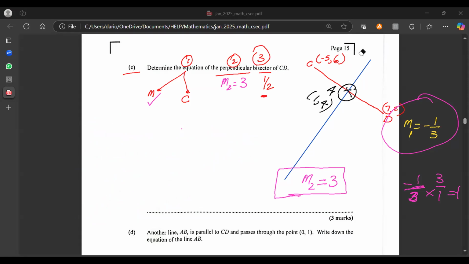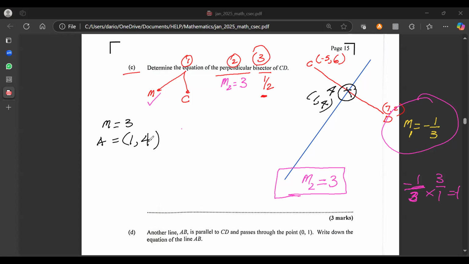So on this blue line, we know the gradient of the line, M, which is equal to 3. We know a point on this perpendicular line, we're calling it A, which is 1 and 4.